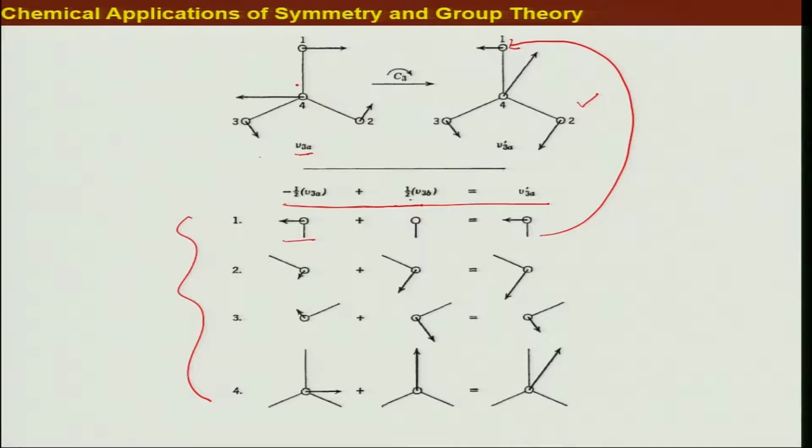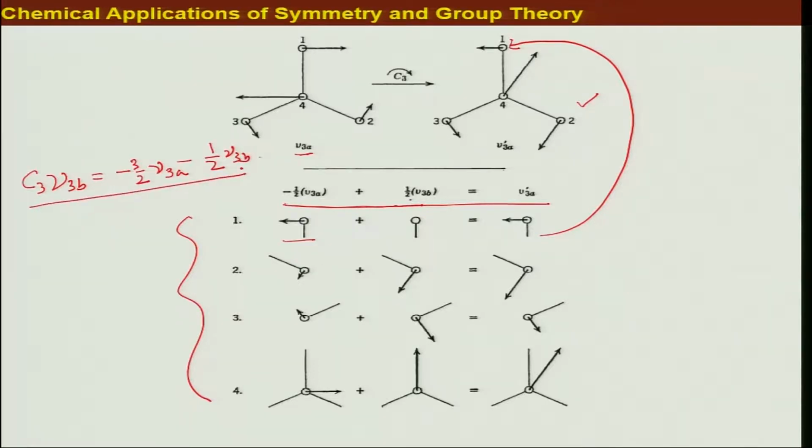Similarly, you can show that for nu 3b, and there will be another type of combination where here this nu 3a prime is a combination where it's minus half nu 3a plus half nu 3b. For nu 3b, if I operate C3 on that, I can write it as minus 3 by 2 nu 3a minus half nu 3b.